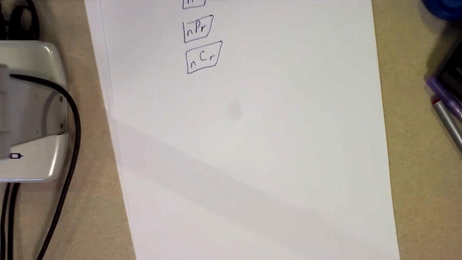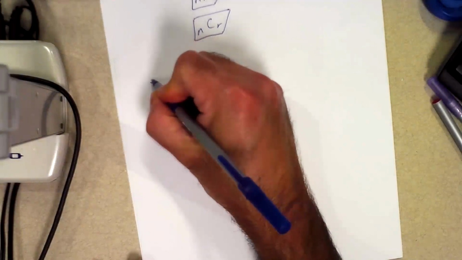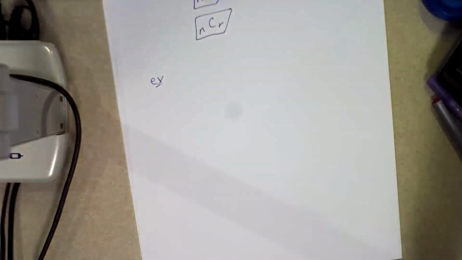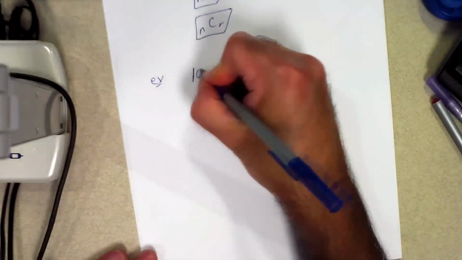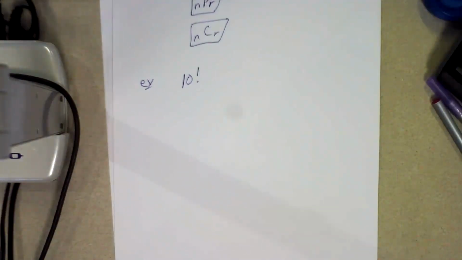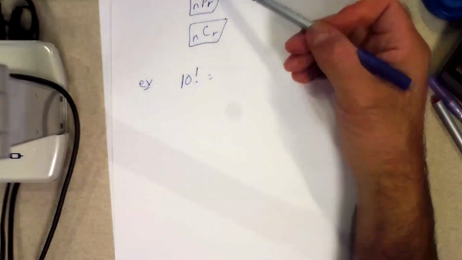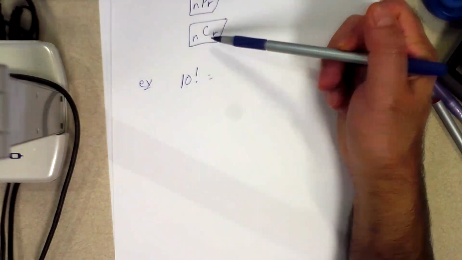All right, so let's practice. Just to refresh your memory, how do we do that in the calculator? Let's see if you remember. Do I use that button, or that button? It's kind of obvious, right?